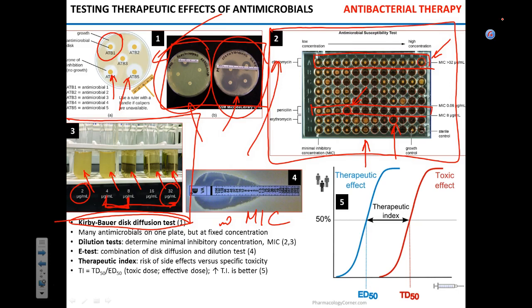The combination of the dilution test and Kirby-Bauer disc diffusion test is called E-strips. So in this image, number 4, you can see a vancomycin strip, and the concentration of antibiotic that is infused into the strip decreases from 256 to 0.060.